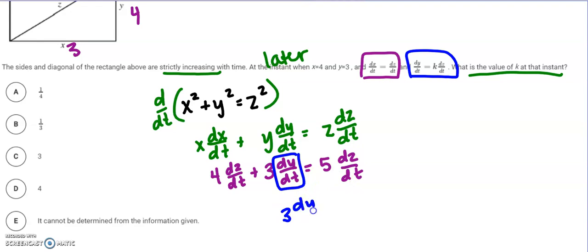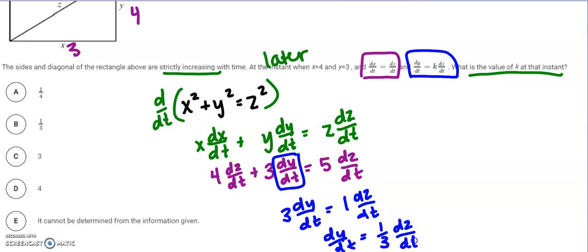So I'm going to have 3 dy/dt equals a single dz/dt, which means that dy/dt is equal to 1/3 of dz/dt. Okay, so the trick there is recognizing that we do need to replace this dx/dt with dz/dt because we're eventually isolating dy/dt and should only have dz's left.